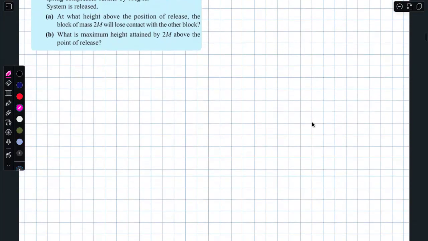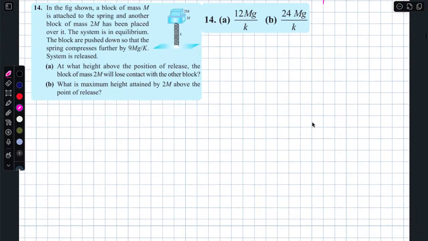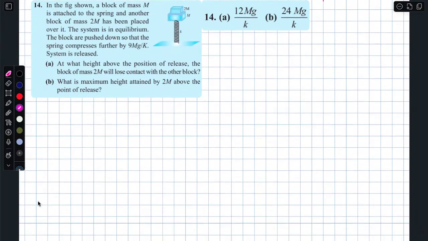See, what is it that you need to observe in this question? I'll explain. So practically, we'll take this line as a reference line. Practically, this is the relaxed length of the spring.